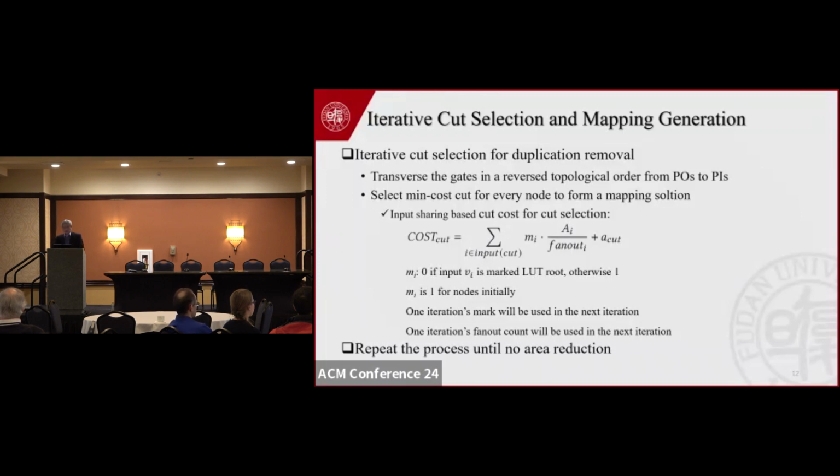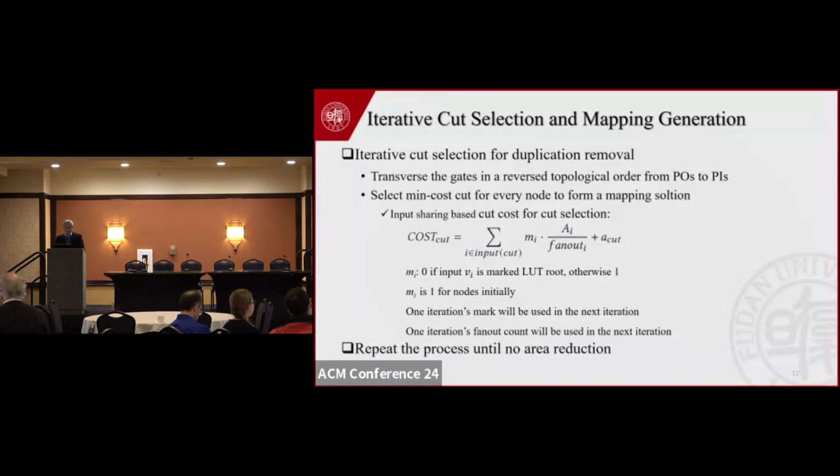However, for this mapping duplication reduction, we propose a new formula for the cut evaluation by adding a fan-out sharing factor M_I. For a given cut, if an input I is already marked as root, we set M_I to be 0. Basically, we ignore this fan-in cone's area.